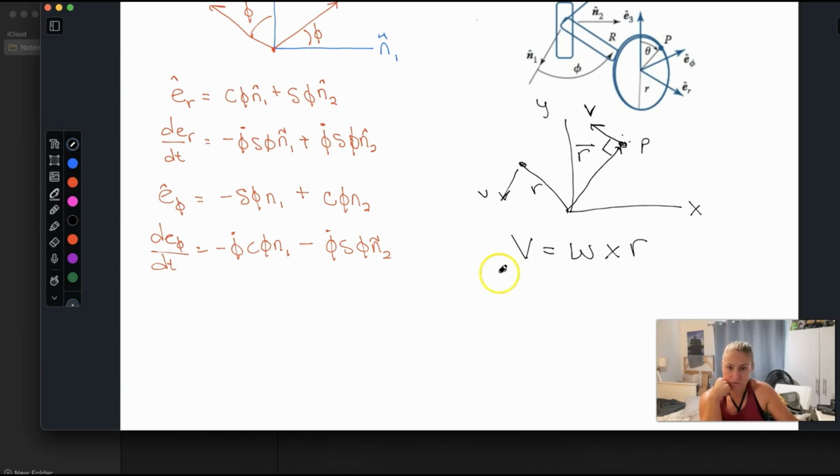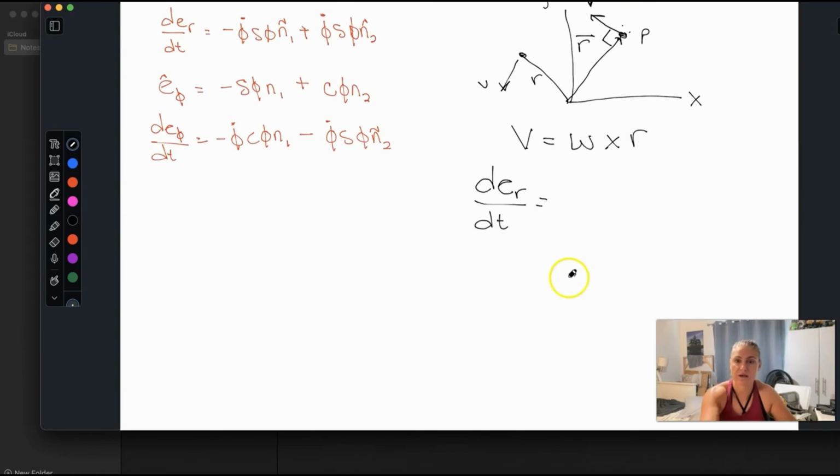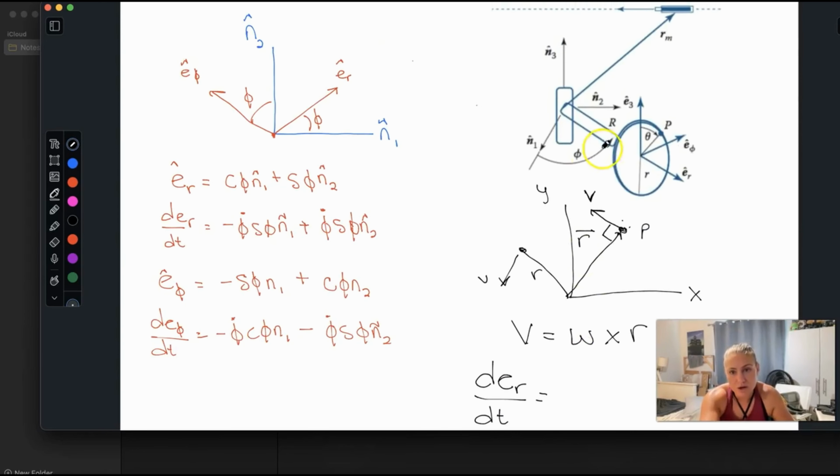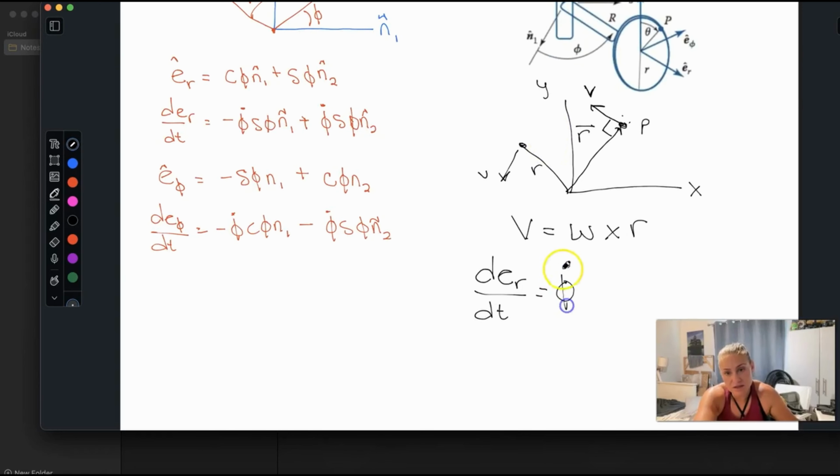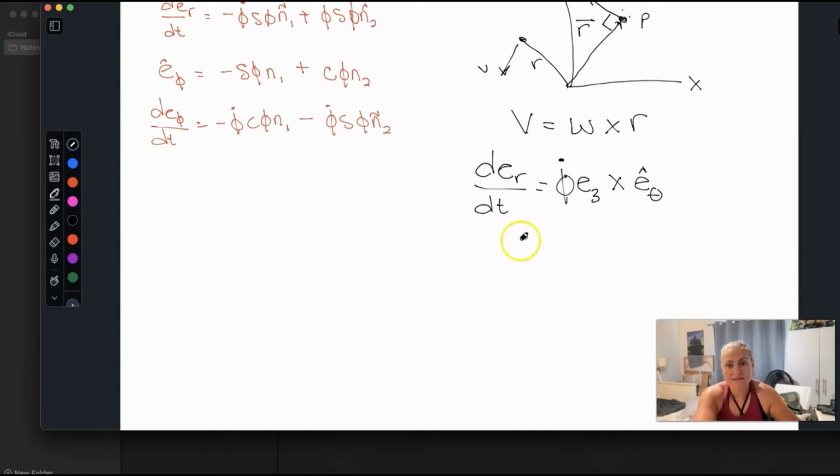So what is the derivative of ER with respect to t? That is equal to r omega, which is going to be phi dot in the E3 direction. And we are going to cross that with the third vector, which is going to be E phi. Because this is velocity, this is omega, and this is position.